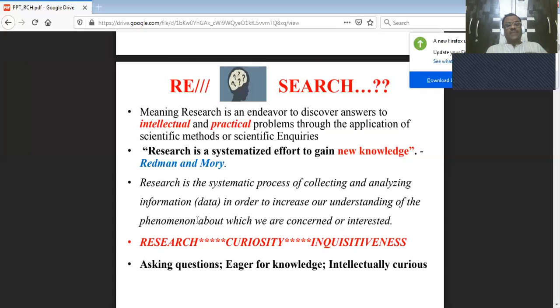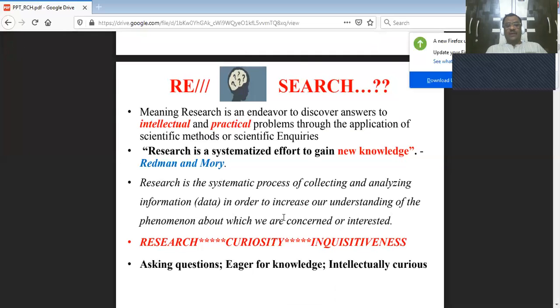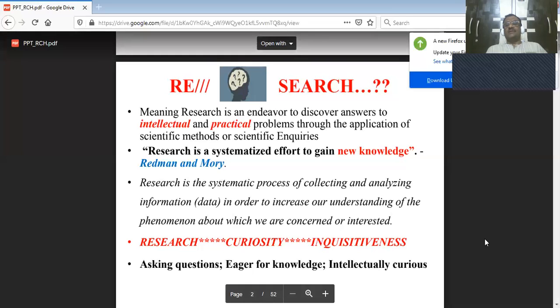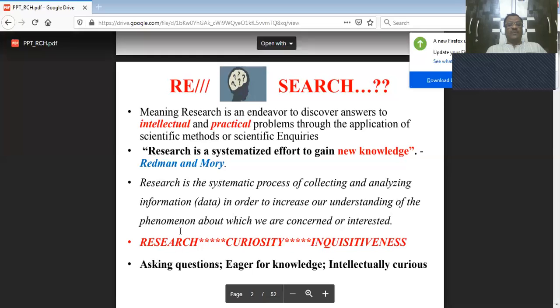Okay, its frequency, the rate at which it is happening, all these things are going to be addressed by collecting its information and the data. And this particular information and data is collected in order to increase the understanding of the phenomena, to have a good amount of understanding of the phenomena.